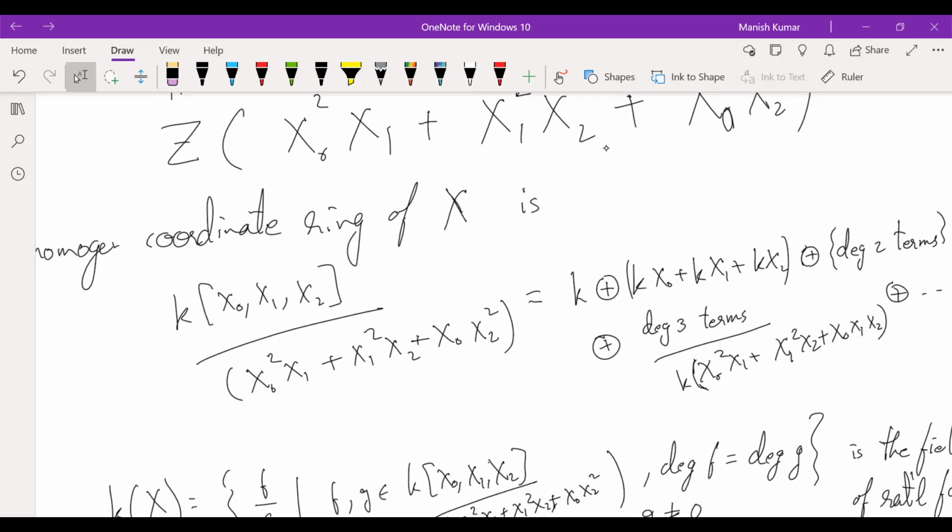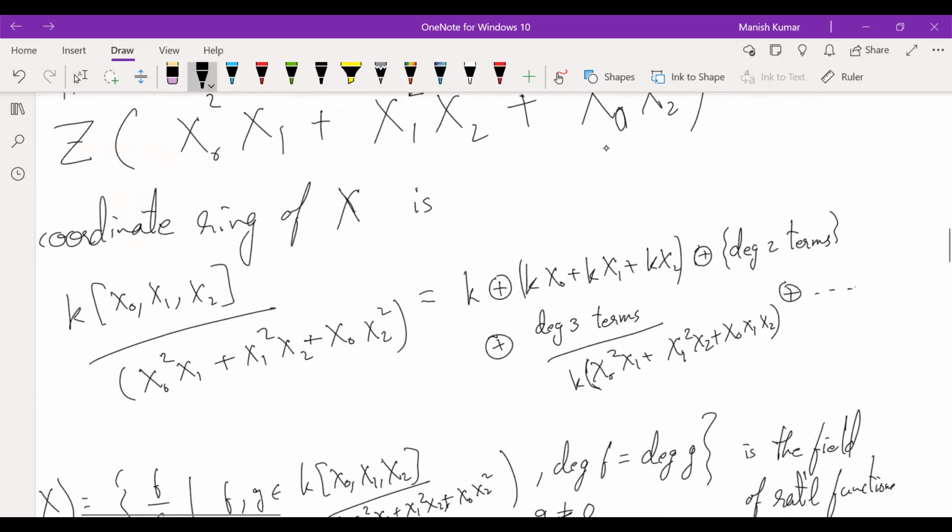But degree 3 terms also contain, if you think of it as a vector space, a subspace: any scalar times a multiple of this homogeneous polynomial. You can go mod that subspace, and that will be the first place where this ring will differ from the polynomial ring in degrees.